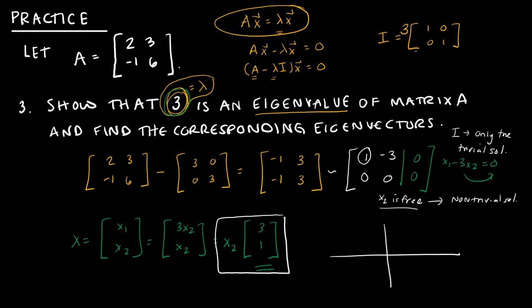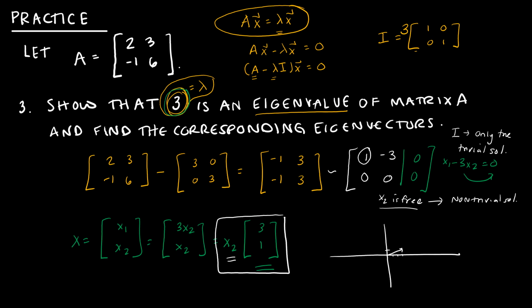First of all, 3, 1 is right here. And x2 is obviously a scalar, so they're saying any value I plug in for x2, multiply that by 3, 1, and then I would end up with some other eigenvector.